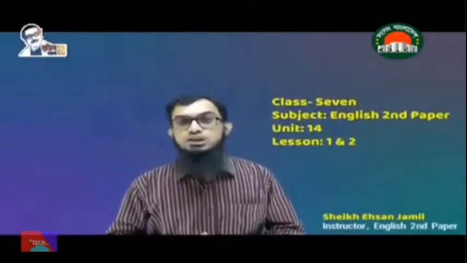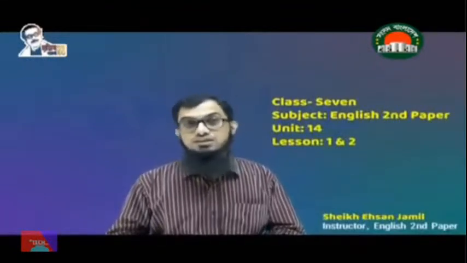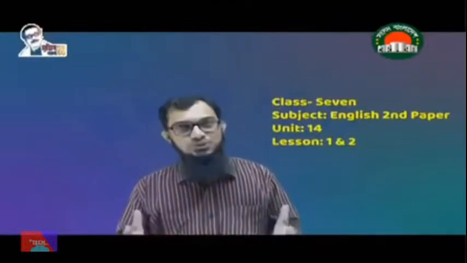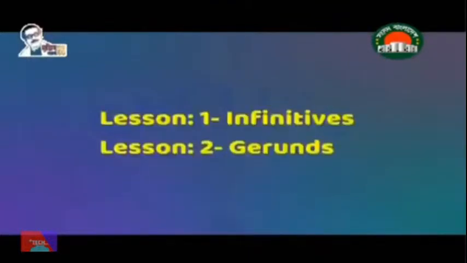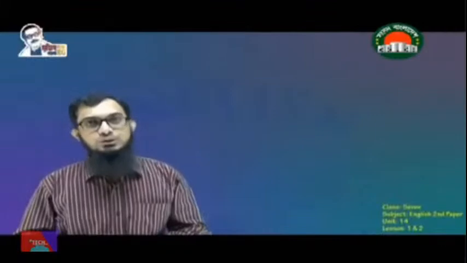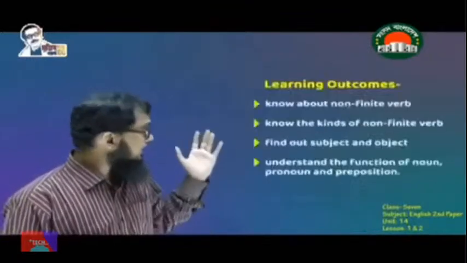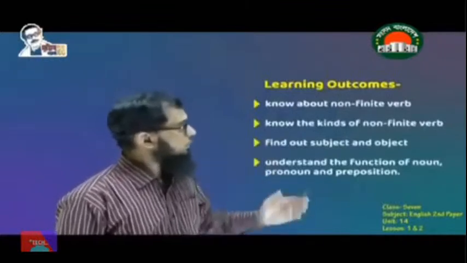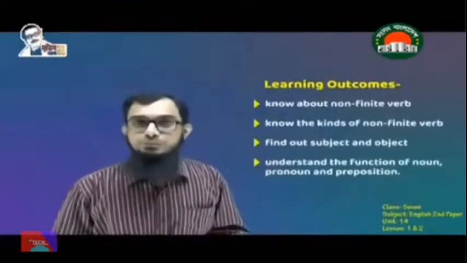Today we will be covering our lesson from English grammar and composition of class 7, unit 14, lesson 1 and 2. Lesson 1, infinitives, and lesson 2, gerunds. There are so many important things we are going to learn at the end of the discussion today, and for that purpose our learning outcomes are: students will be able to know about non-finite verb.